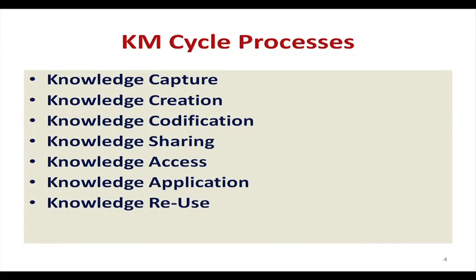Organizations also need to develop infrastructure and IT enabled systems to have access to the knowledge, like we have a digitalized library. In a digital library, you can have access to any book or journal or article that you want just by searching for it. So, access is very, very important, because if you do not have smooth and easy access, what will happen? You will not be able to get the things.